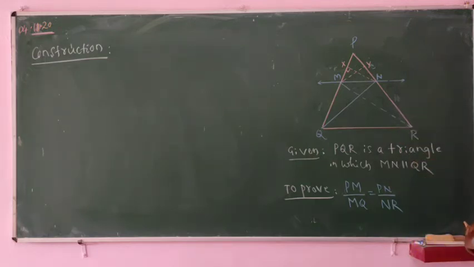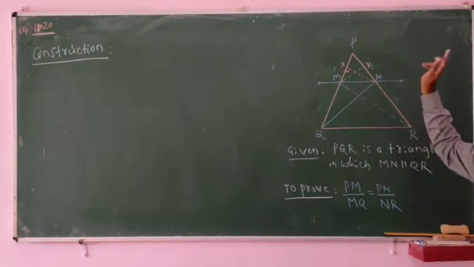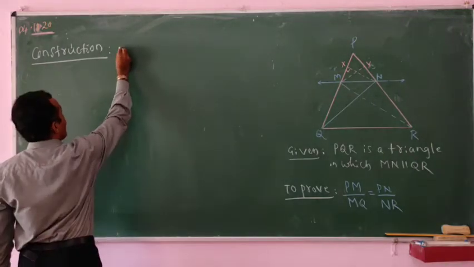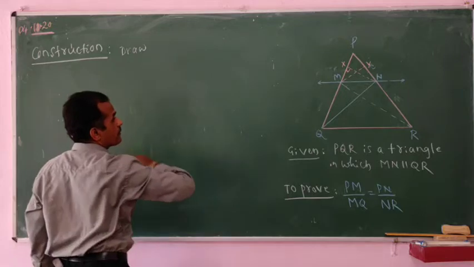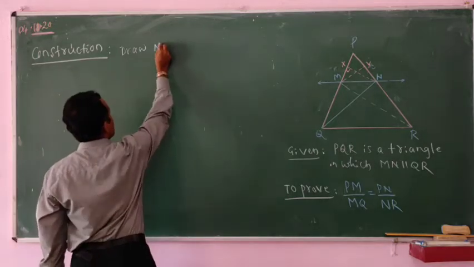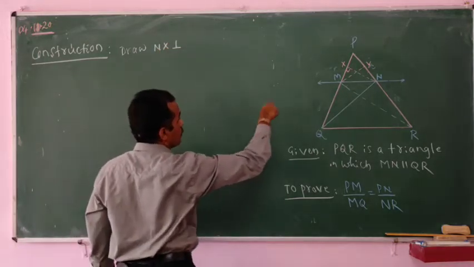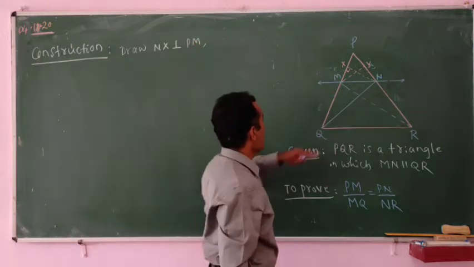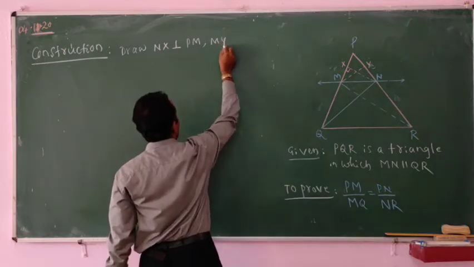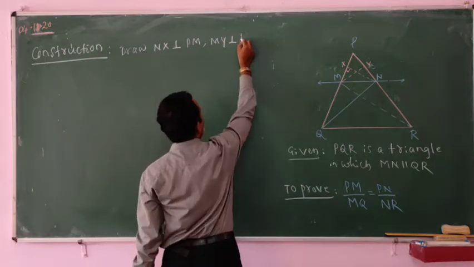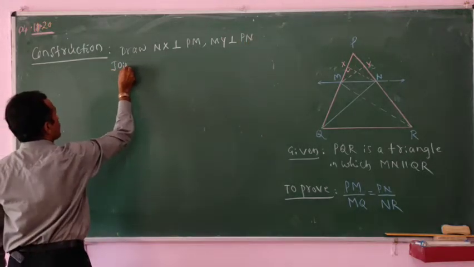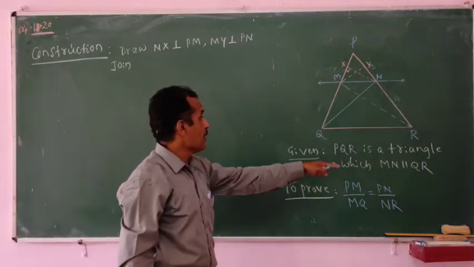Okay? So there is a chance to make it confusing. So first I will write, later I will rub and I will explain once. Okay, the construction is: draw NX perpendicular to PM, MY perpendicular to PN, join MR and NQ.